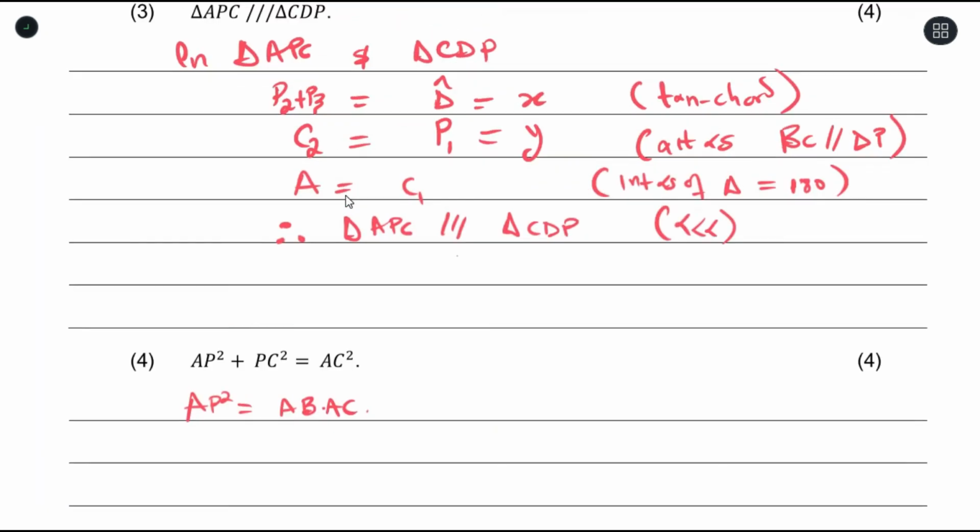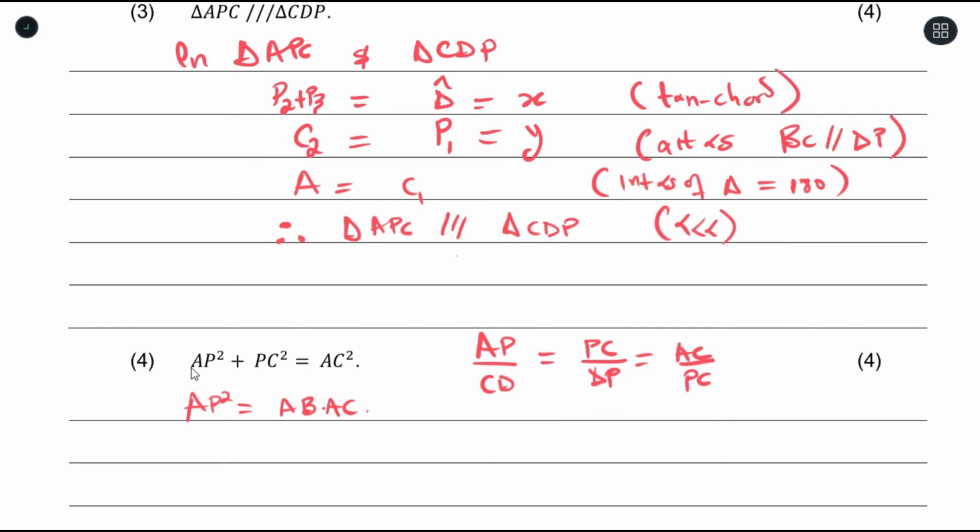Also in the previous question, we have this triangle similar to that triangle, so writing them in ratios, it would mean that AP over CD is equal to PC over DP is equal to AC over PC.